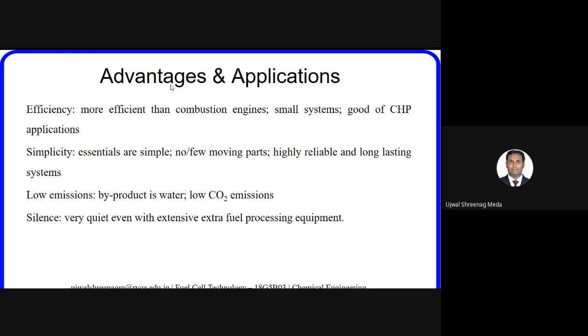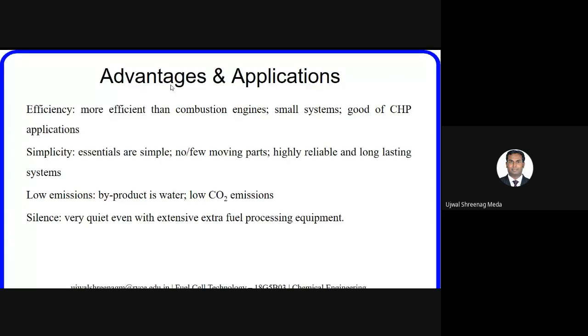Along with the power that is generated with the fuel cell, there is some waste heat generated because of the reactions that are taking place. That waste heat is recovered, and that heat in turn is used to generate additional power. Such systems are known as combined heat and power systems.